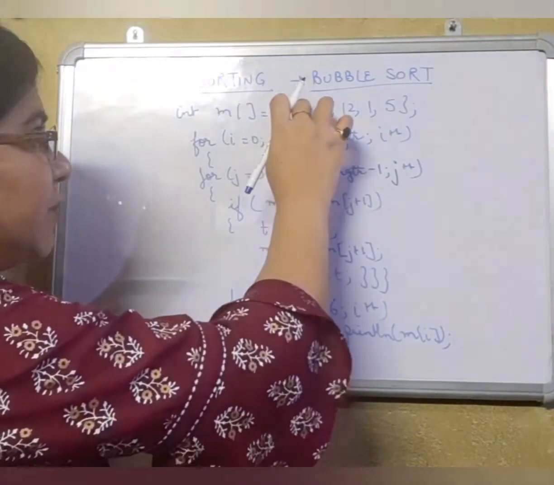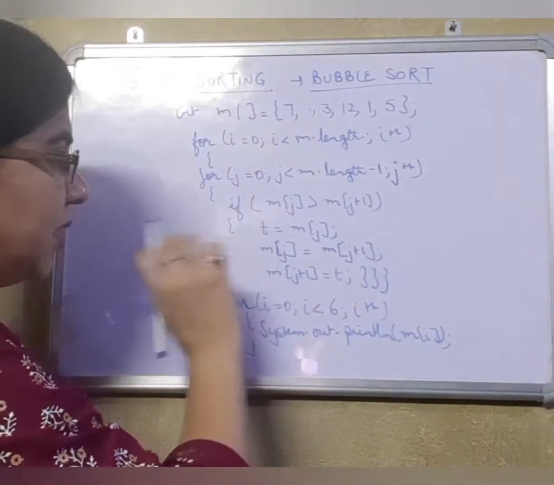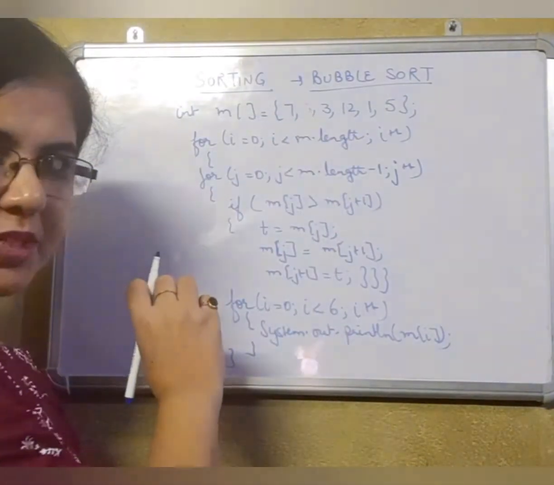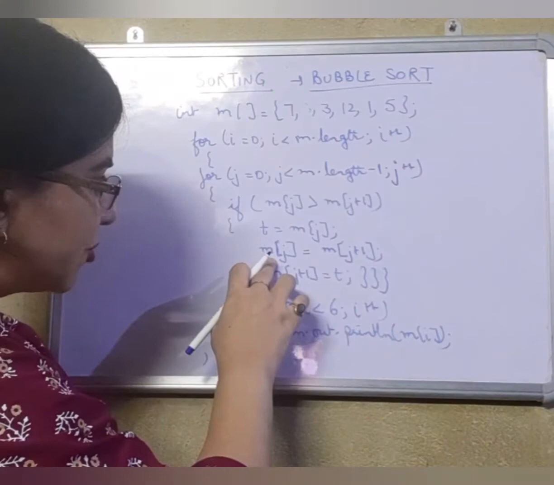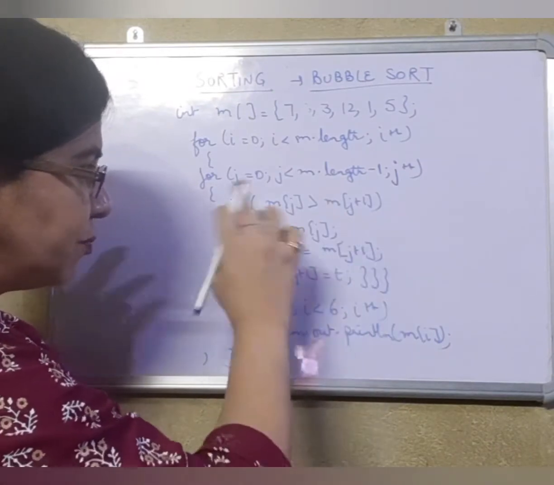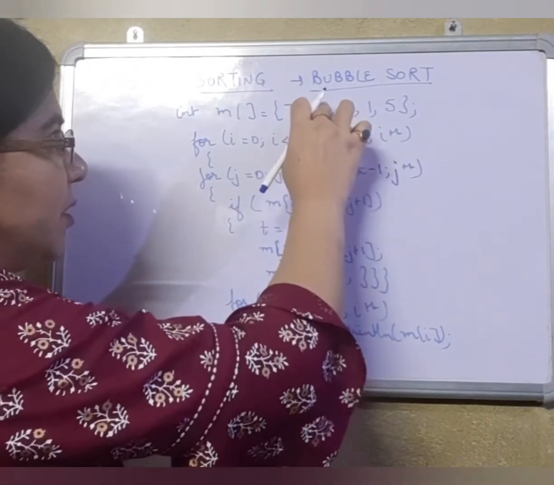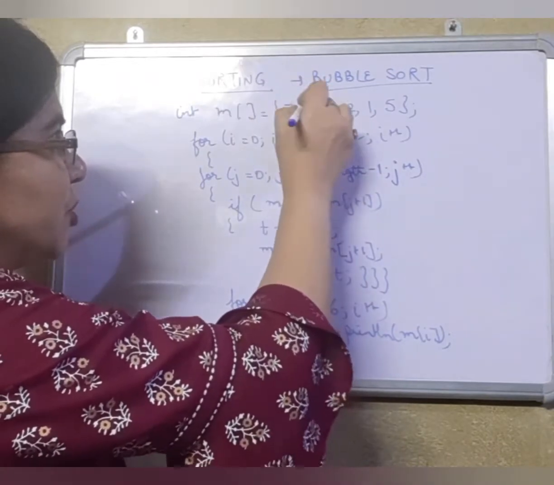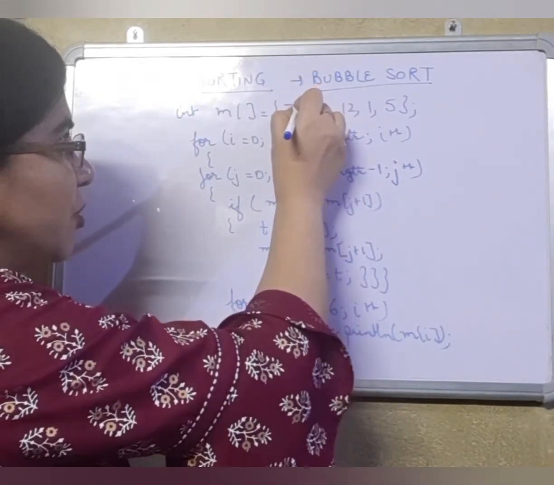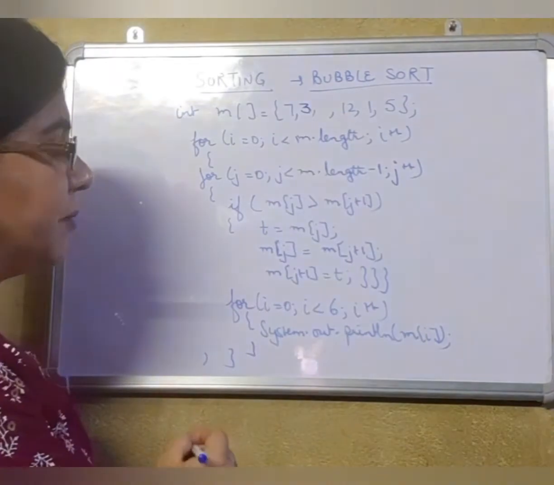That means 8 will be removed from its position and given to t, so that this position becomes empty. And at this position of m[j], we are going to place 3. So 3 will move from its position and go to the position of 8 and sit over here.